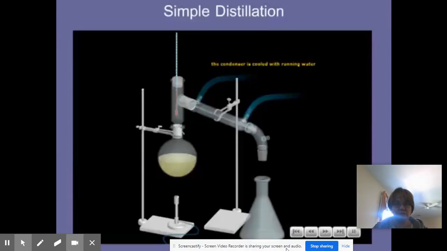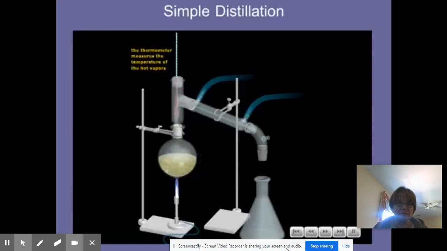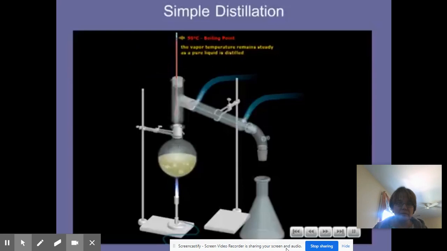When performing a distillation, first the condenser is filled with cold running water. Next, heat is applied to the mixture which is to be distilled. The mixture is heated until it boils, and the hot vapors will travel up the distillation head. Measuring the temperature of the vapors helps us to identify the liquid being distilled and will help to confirm its purity. If the vapors are pure, they will have a constant temperature equal to the boiling point of the liquid being distilled.